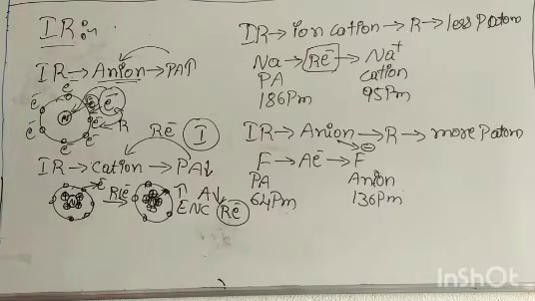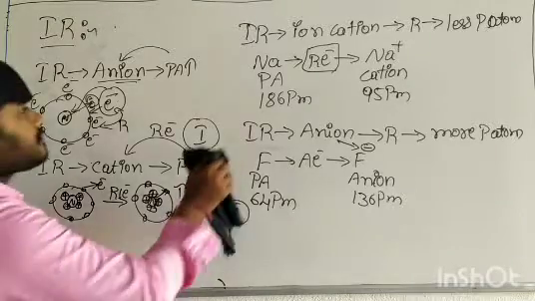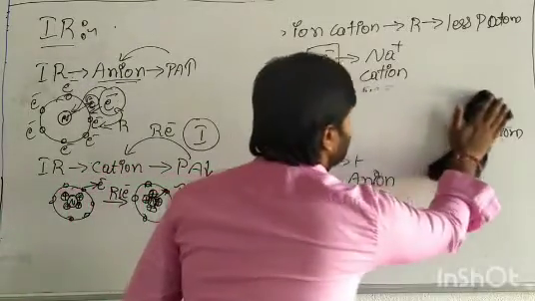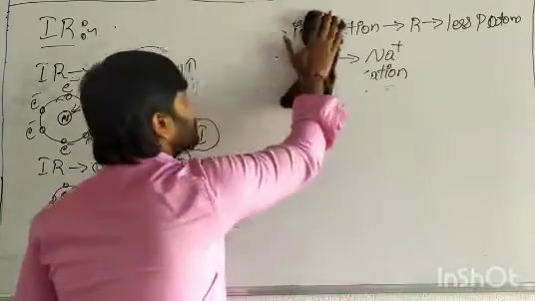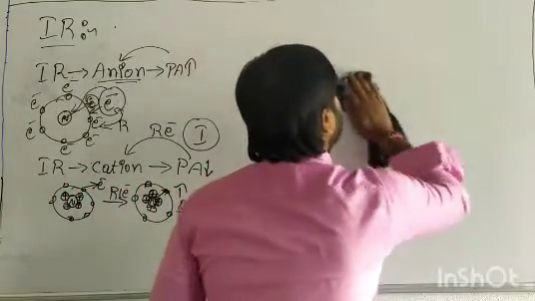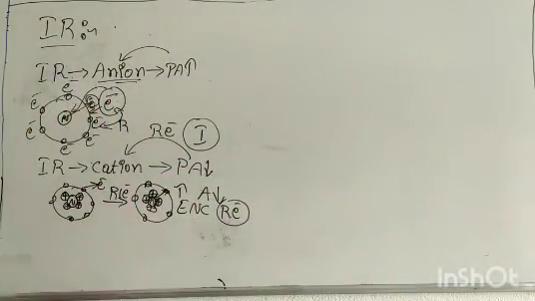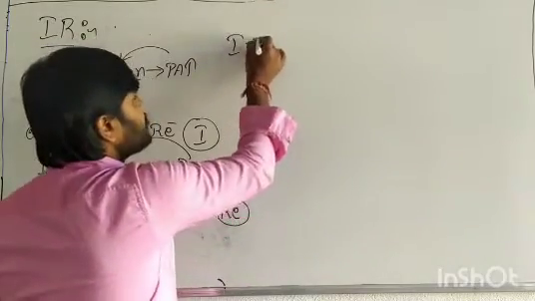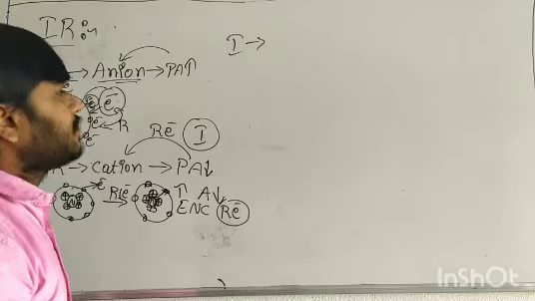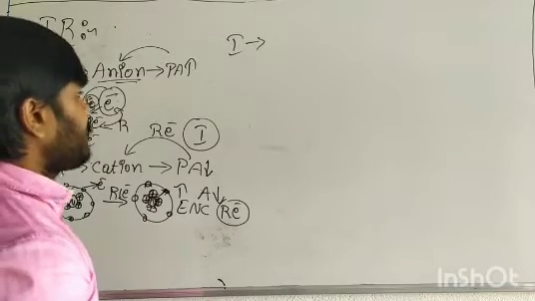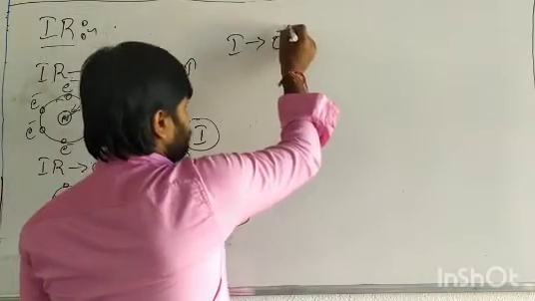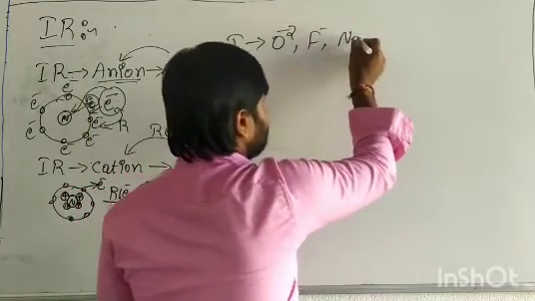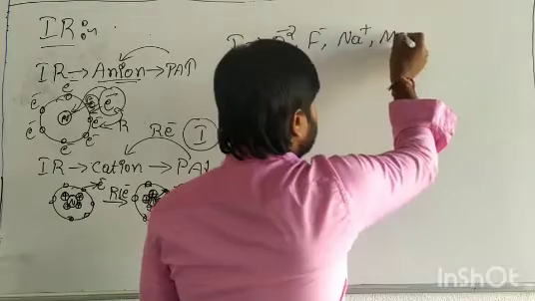And one more thing here, guys. If the atoms consist of the same number of electrons, for example, here I will consider ions. These ions consist of the same number of electrons. For example, O minus 2, F minus, Na plus, Mg plus 2.